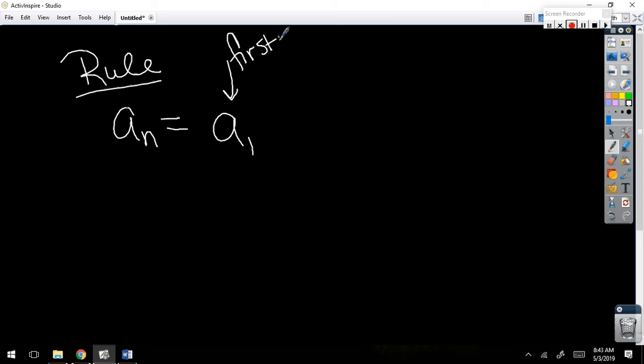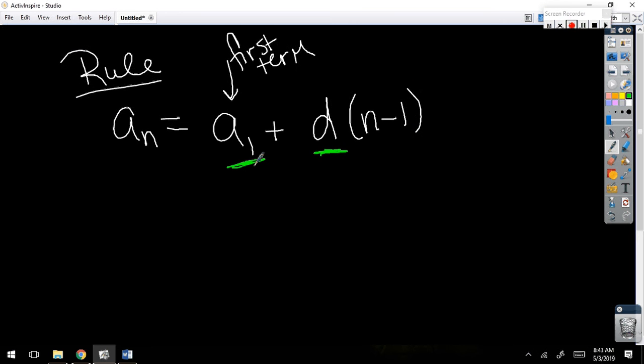First term plus that D that you found times n minus 1. So you're going to have a value here and a value here, but the n is going to stay. Remember when we were writing the rule 2n plus 3? Okay, all that would stay. Now to get it in that form, 2n plus 3, you'd have to distribute the D through the equation and simplify down, but this is easy. Writing the rule isn't. That'll give you the rule.